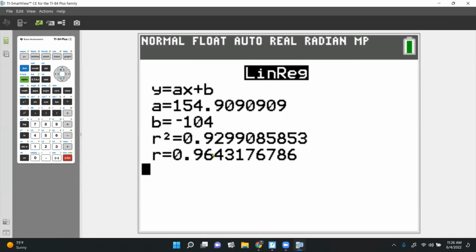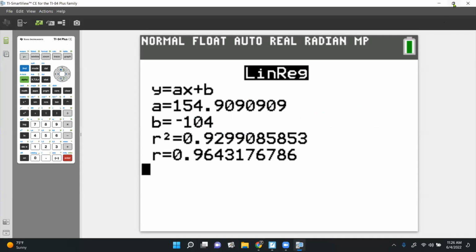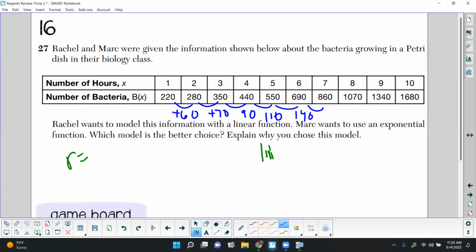All right, that's not bad. That's not a bad correlation coefficient, right? 0.964. All right, I'm going to write down everything here because this is some good information and I don't want to have to redo it.